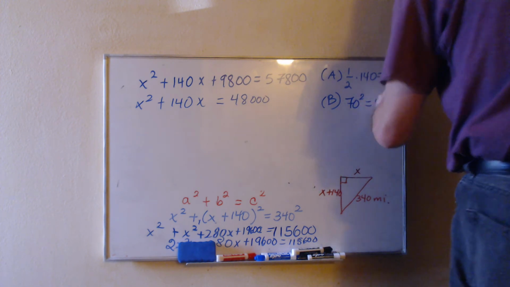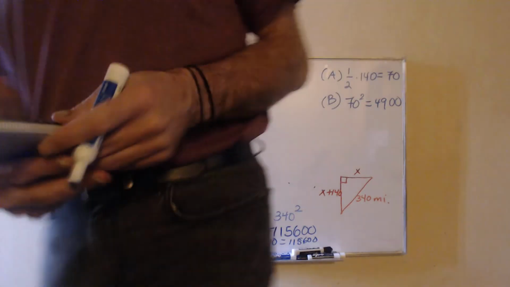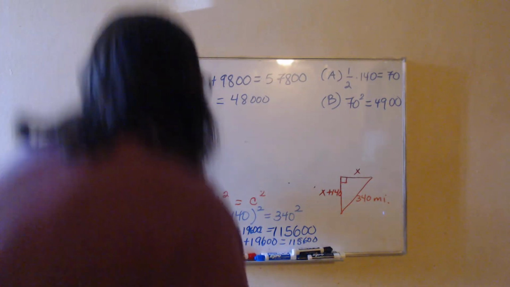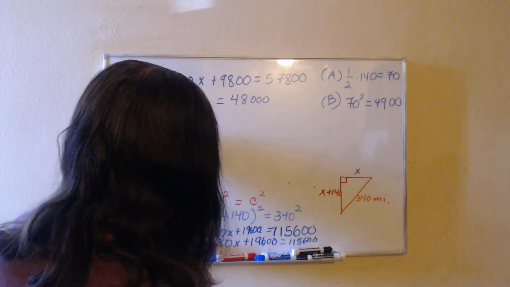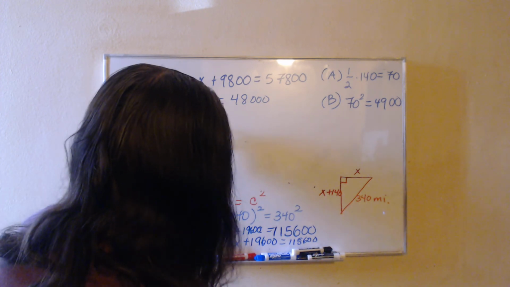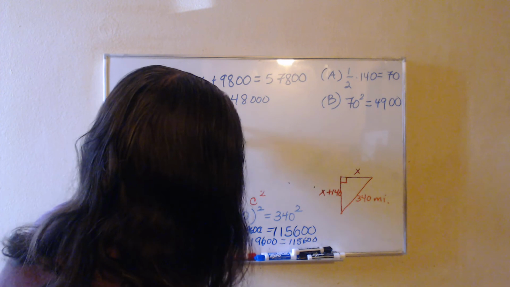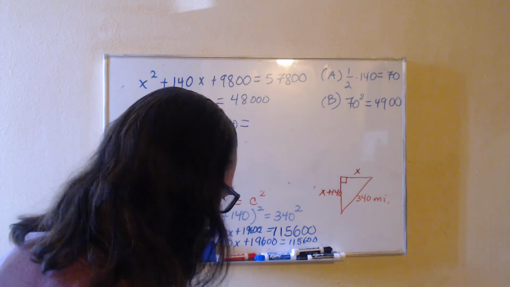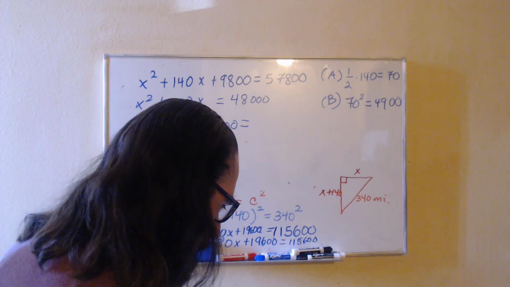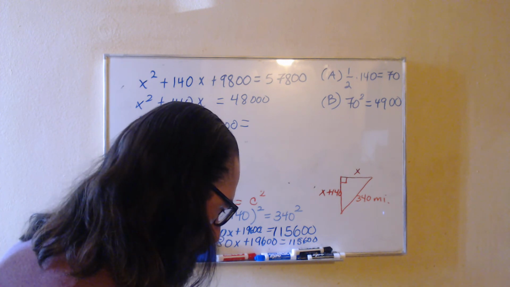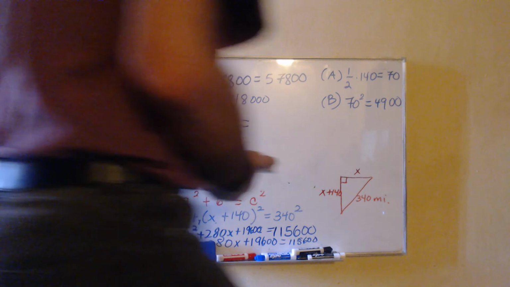That's telling us what to add to both sides, because that's going to give us on the left hand side a perfect square trinomial. But when I add it on the right hand side, I'm getting 52,900.